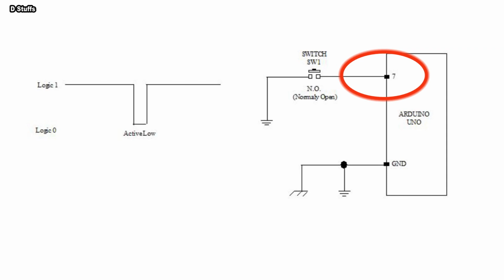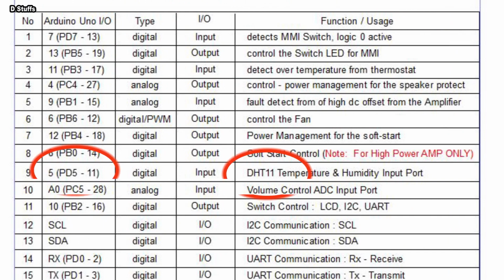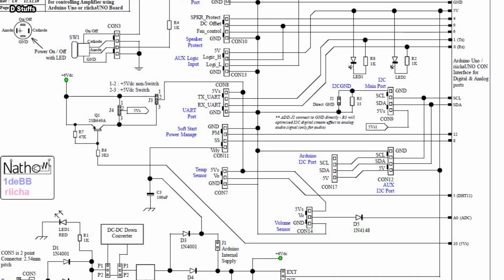I should have connected that to digital pin 5, but as I looked into the I/O table of my project, pin 5 has been used for the DHT11 control. In other words, I can no longer use digital pin 5 as it was dedicated to control the DHT11. As of now, it is not possible to connect two devices with different functions at the same time at the same pin.